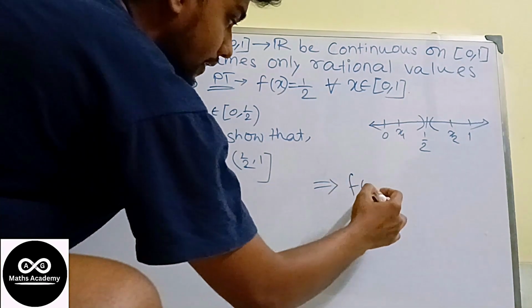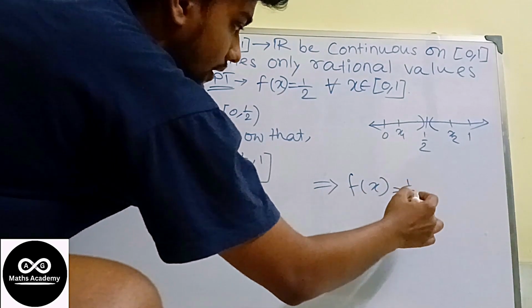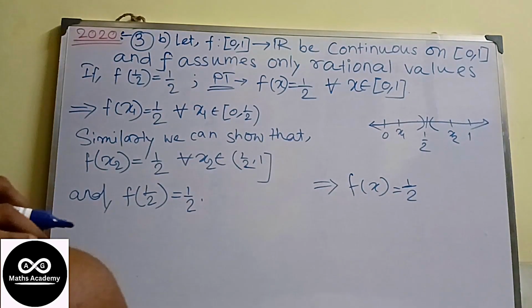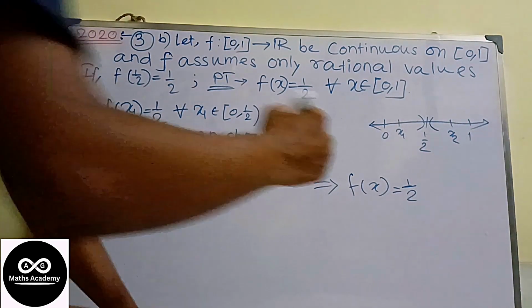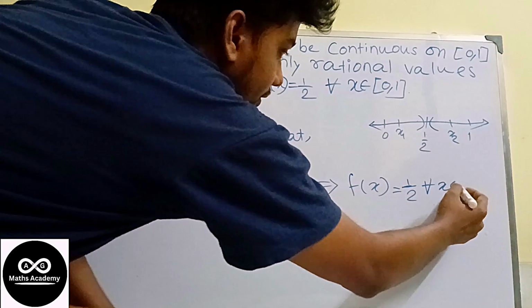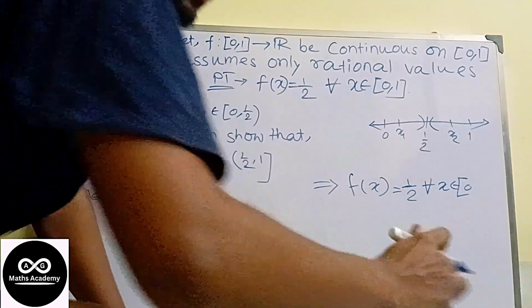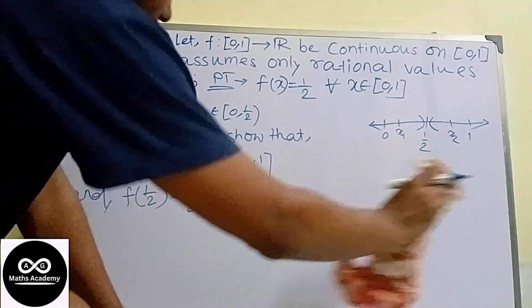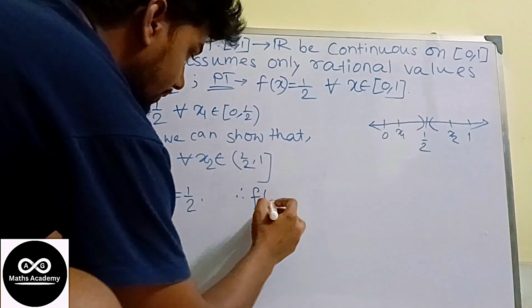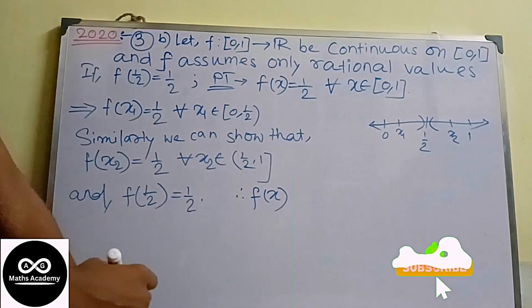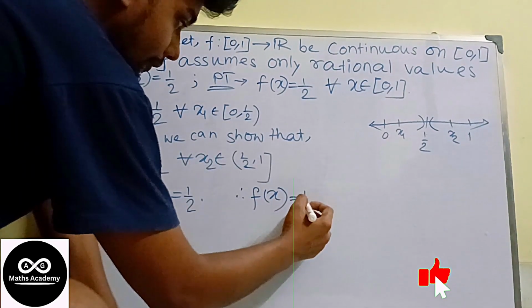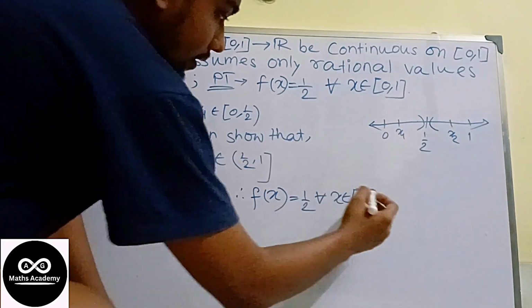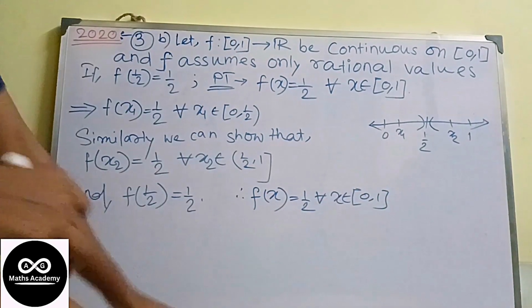So f(x) is half for all x. Therefore f of x is equal to half for all x belonging to 0 to 1. Proved.